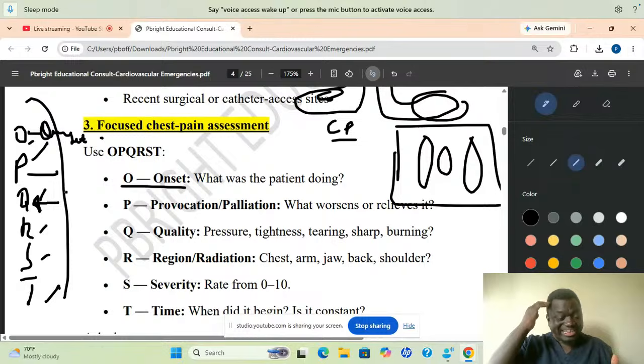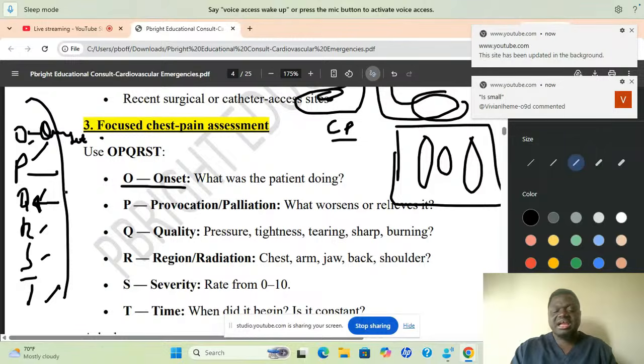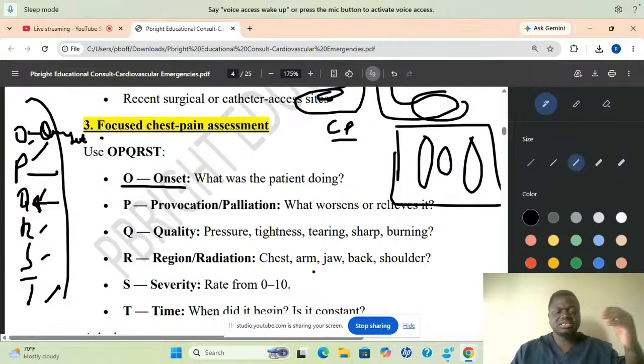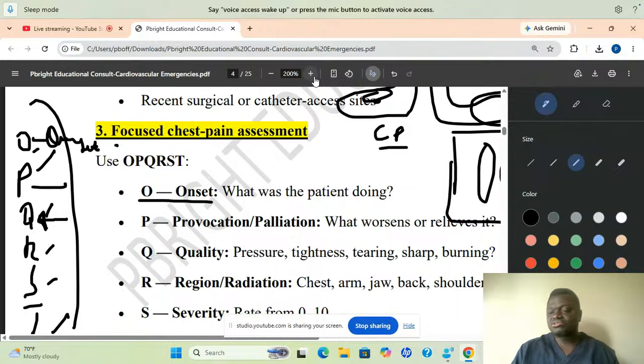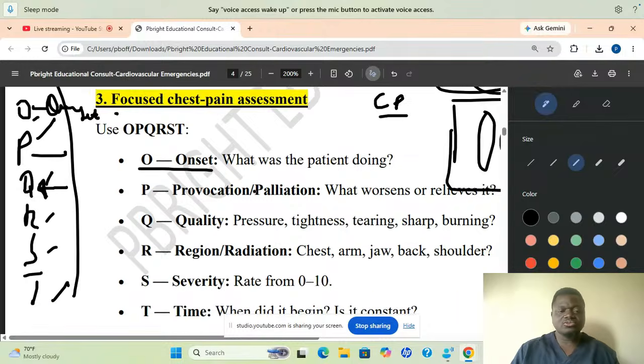Those who come with headache, I have ache. I have tearing pains and all those stuffs. Please, the font size, is it okay for you?